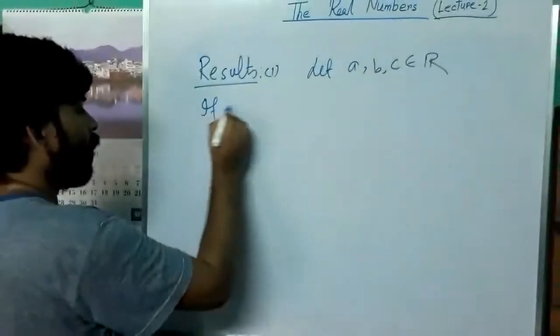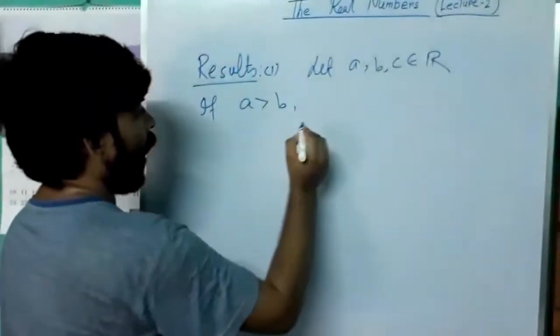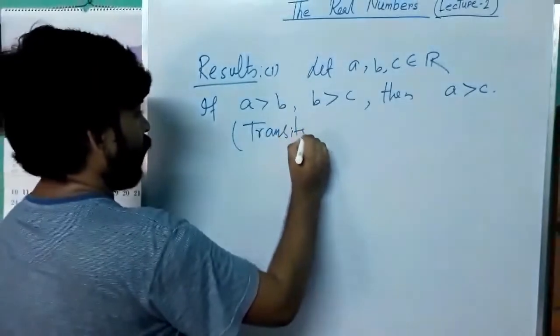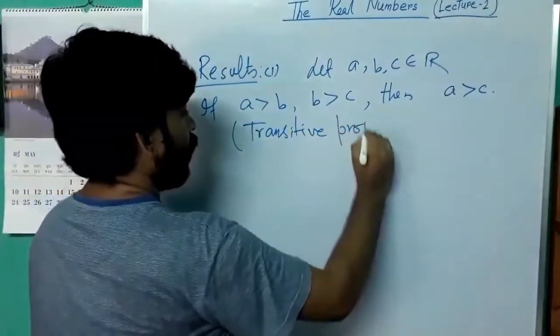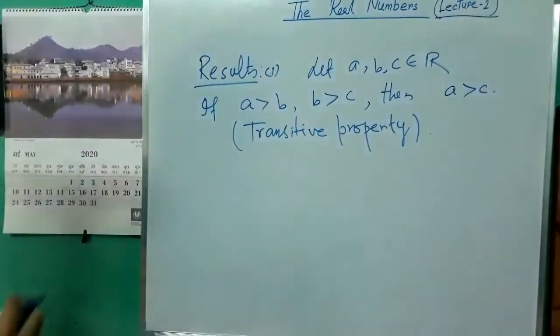If a is strictly greater than b and b is strictly greater than c, then we can prove that a is strictly greater than c, and this property is known as the transitive property. So we prove this result.